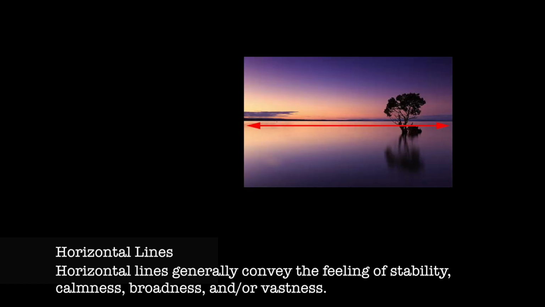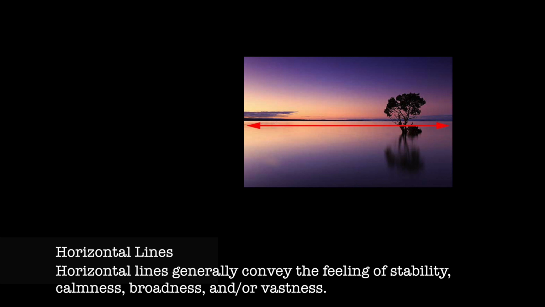Horizontal lines can also convey moods. Horizontal lines generally convey the feeling of stability, calmness, broadness, or vastness. You'll see this often within landscape photographs. You will see the horizon line cuts through the tree within this image and spans across the entirety of the photograph.